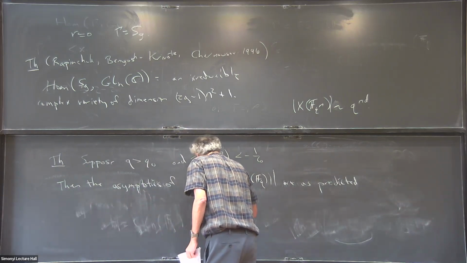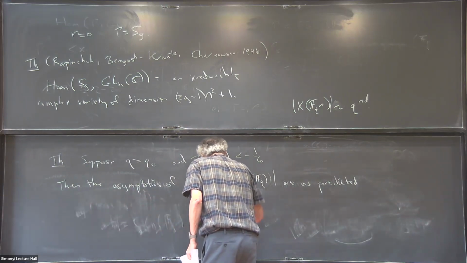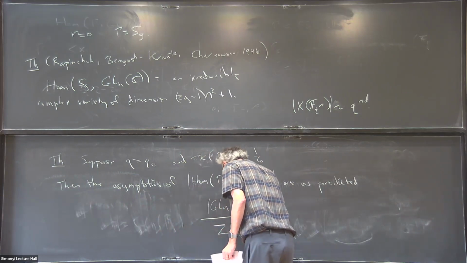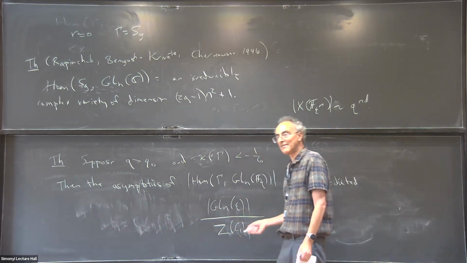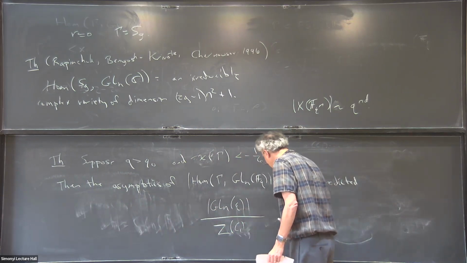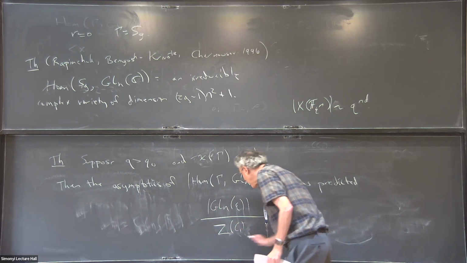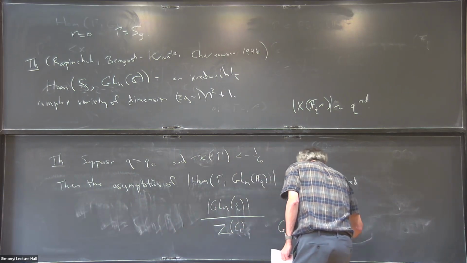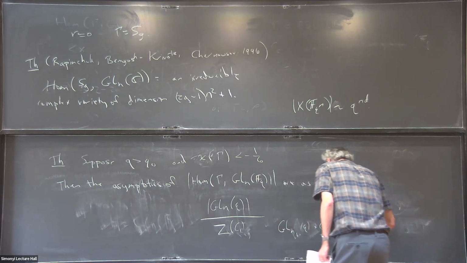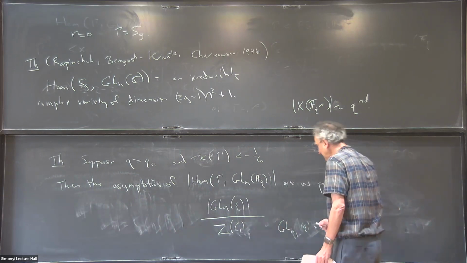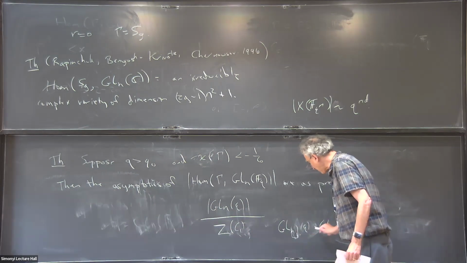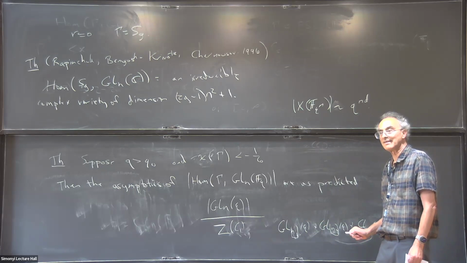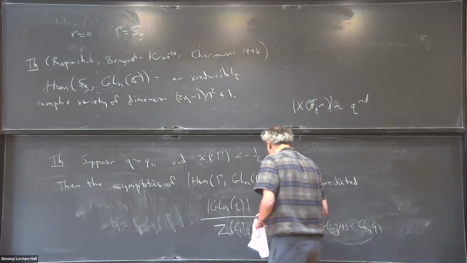We have the size of GL_n of Q divided by the size of the centralizer of a representative of this element. Now, what does the centralizer look like? It's going to be like GL_n1 of Q times GL_n2 of Q times GL_n3 of Q. So now you see where the quadratic form is coming from. You have the dimension n1 squared plus n2 squared plus n3 squared, Q to that power.